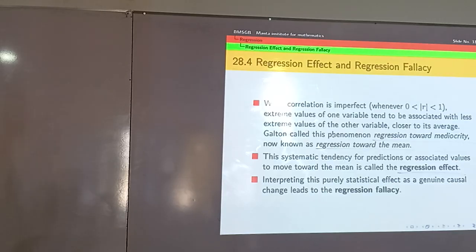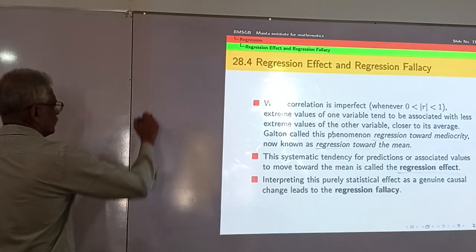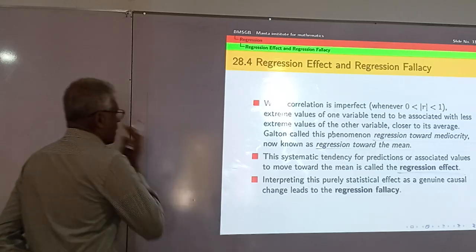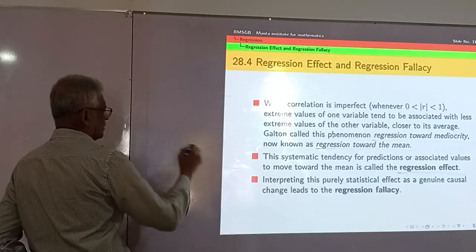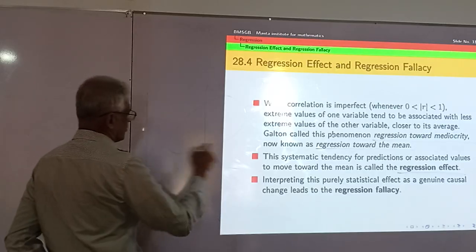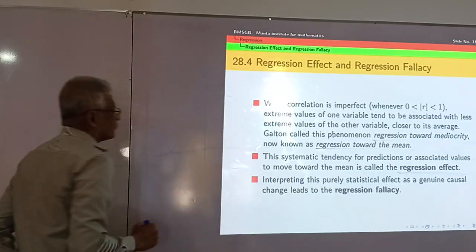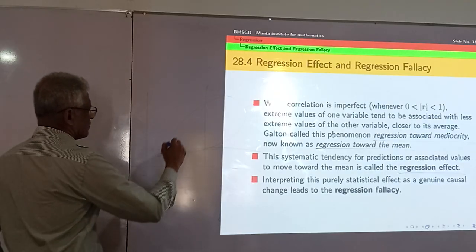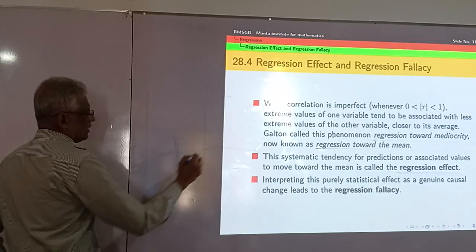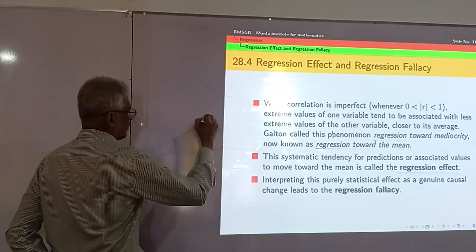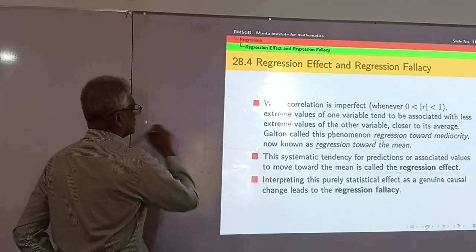What we mean by this is, if you collect some data in a data set and consider extremes, for example, let's consider observations with some smaller values. This is the x bar, y bar point here. This is x bar, this is y bar.